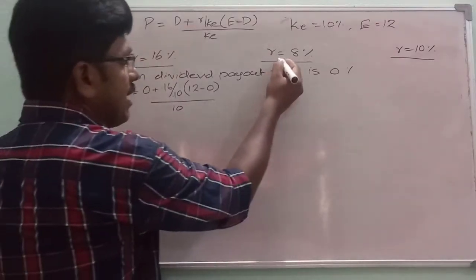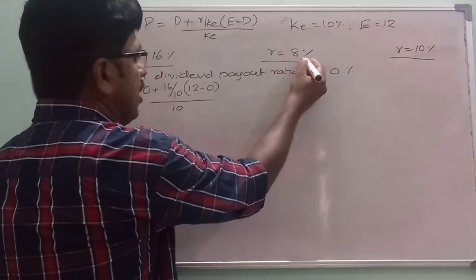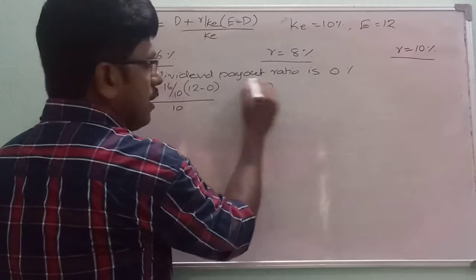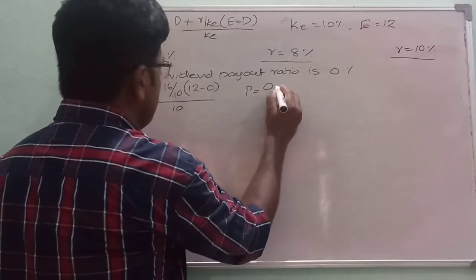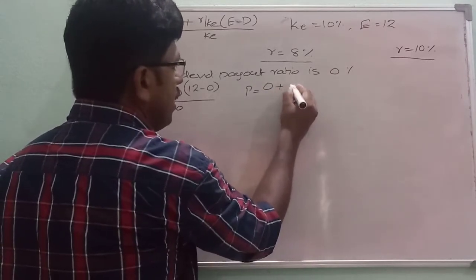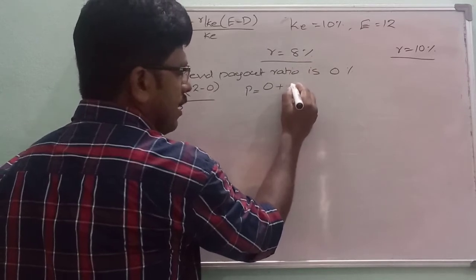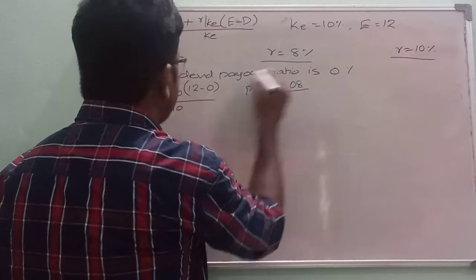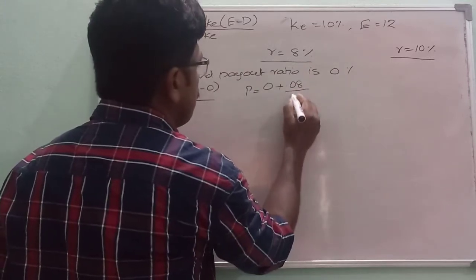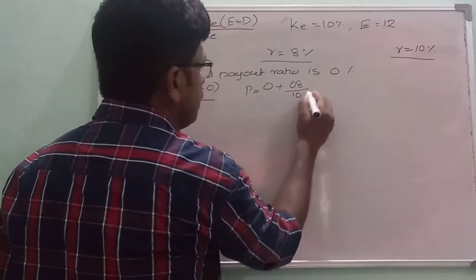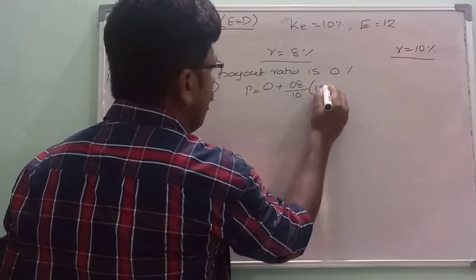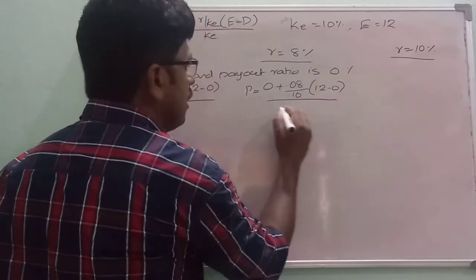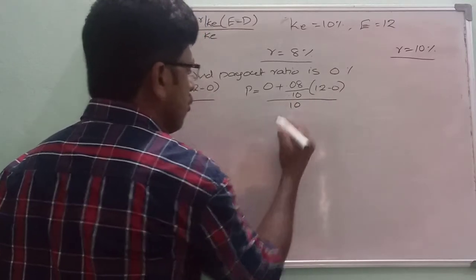In the second case, R is equal to 8%. Once again, dividend payout ratio is 0, so P is equal to 0 plus 0.08 divided by KE, cost of equity 10%, that is 0.10, into earnings 12 minus 0 divided by KE 0.10.